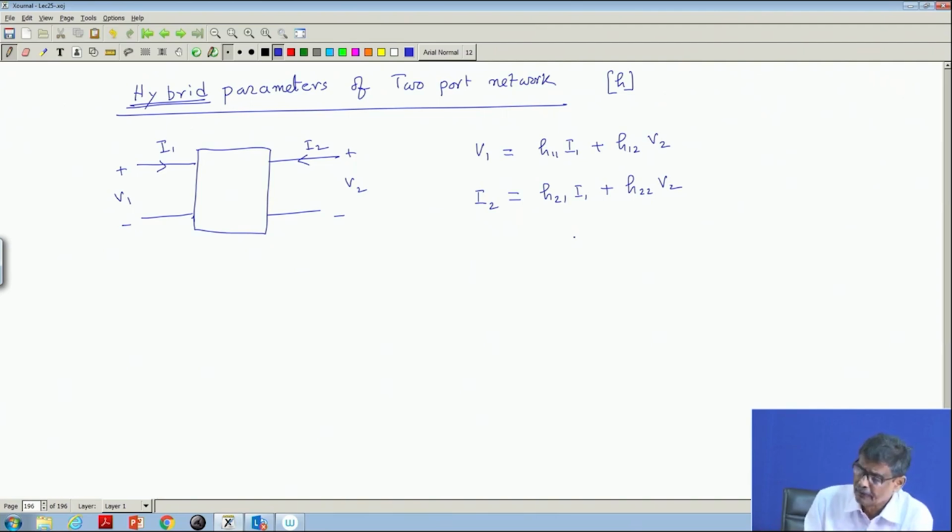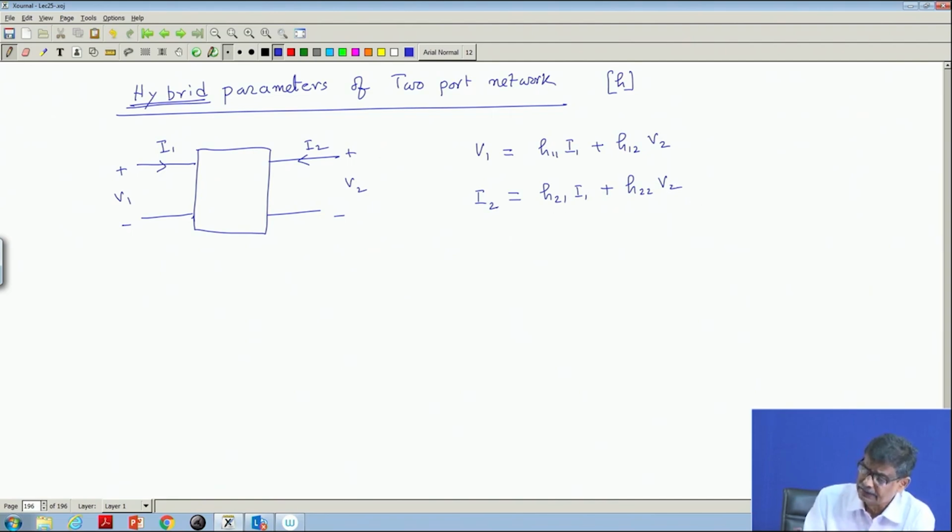admittance parameters. And therefore, you take the voltage of the input port and the current of the output port and express them in terms of input port current and output port voltage, and then I will call these parameters like this.